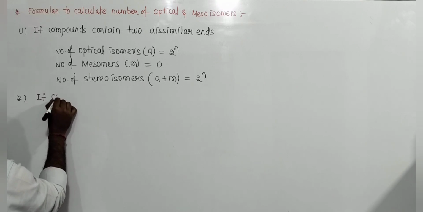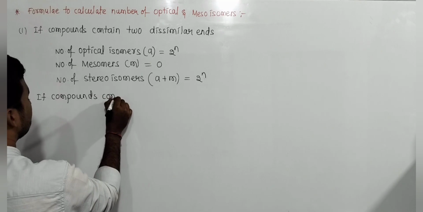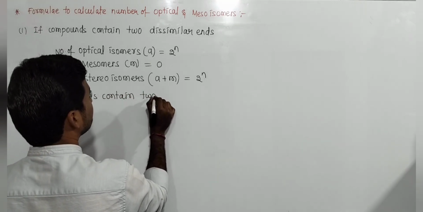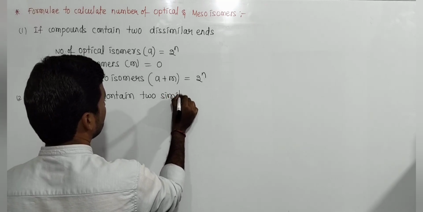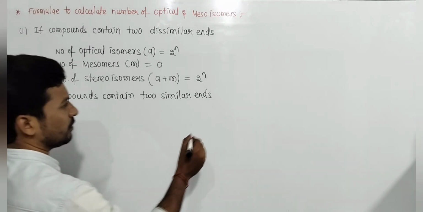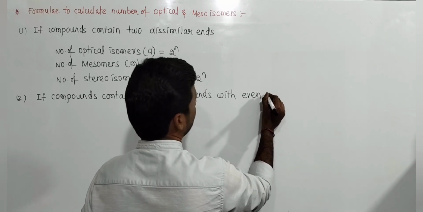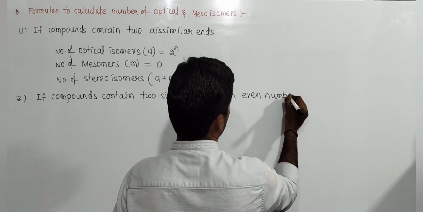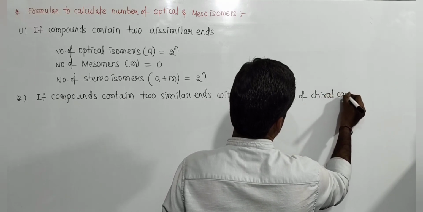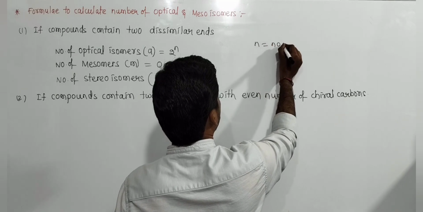If a compound contains two similar ends, with an even number of chiral carbons or chiral centers.